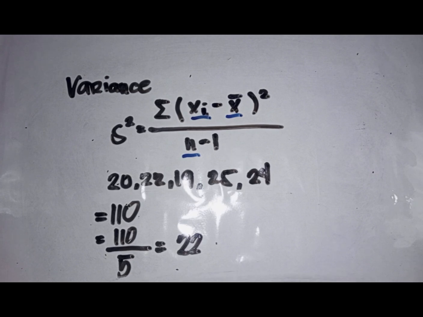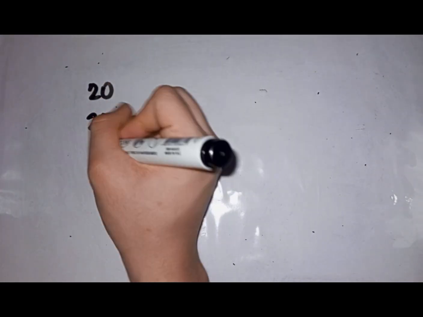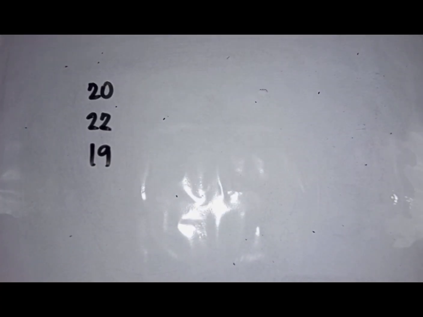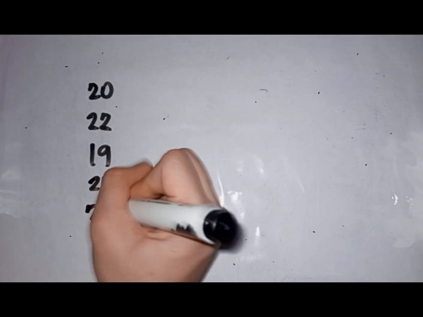Now, find the difference of each value from the mean and square it. So the values are 20, 22, 19, 25, and 24.